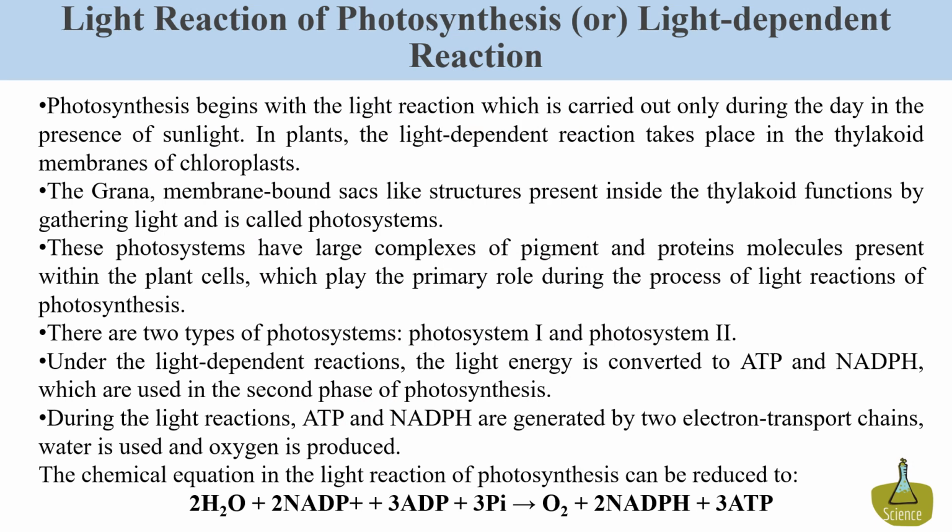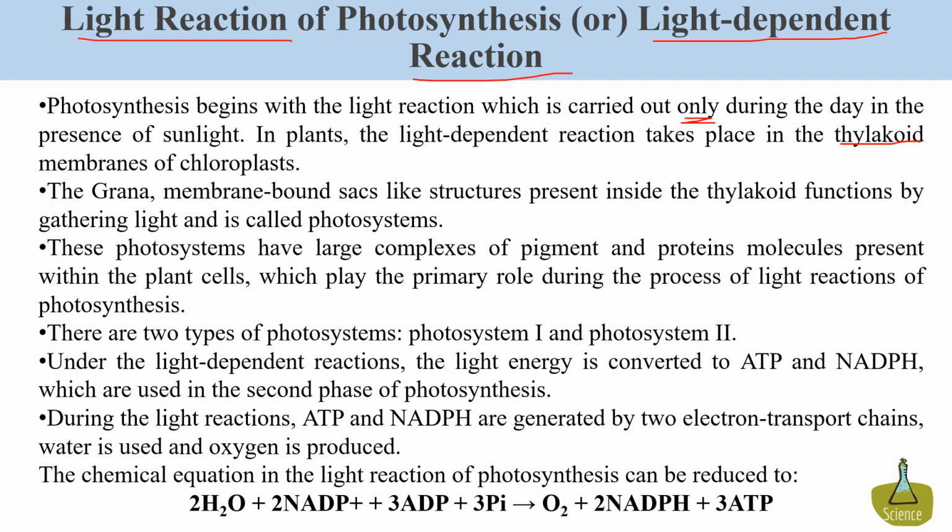Now come to the first phase, the light reaction of photosynthesis, or the light dependent reaction. Photosynthesis begins with the light reaction, which is carried out only during the day in the presence of sunlight. In plants the light dependent reaction takes place in the thylakoid membrane of the chloroplast.